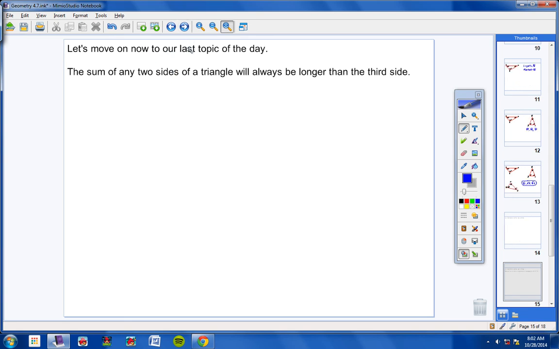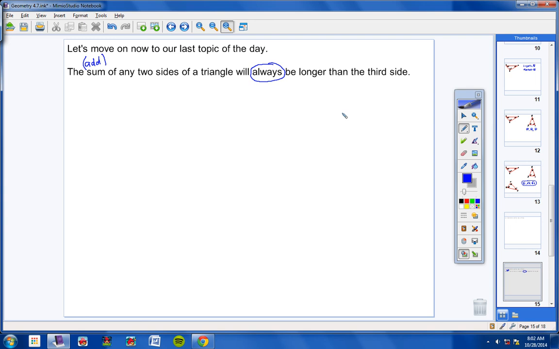Here it is. The sum, that means when you add, the sum of any two sides of a triangle will always be longer than the third side. Write that down, please.